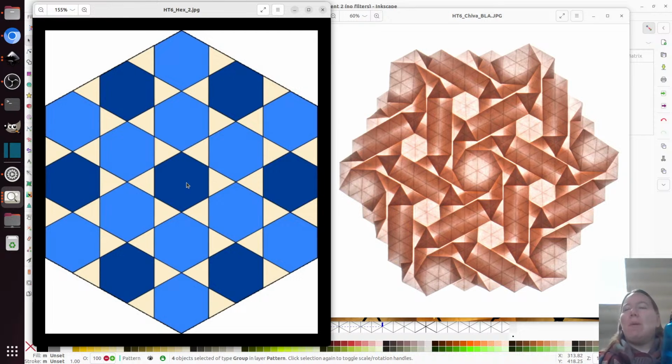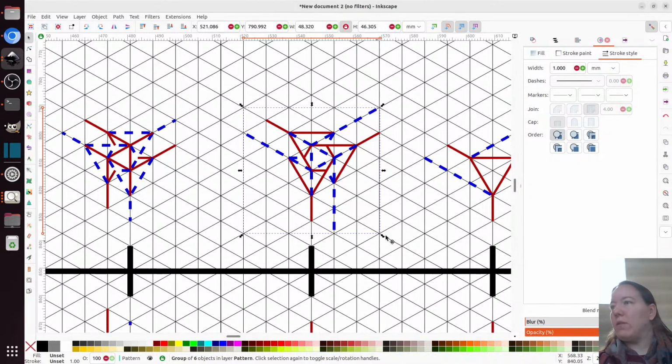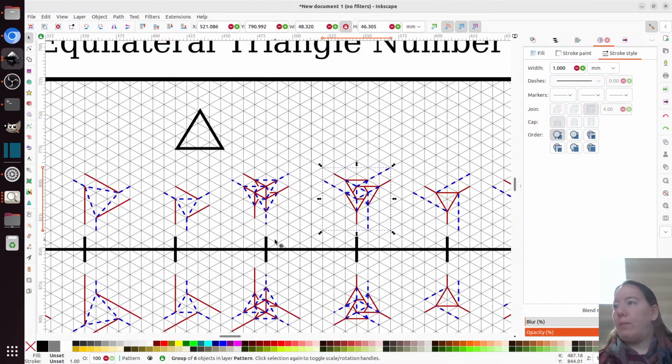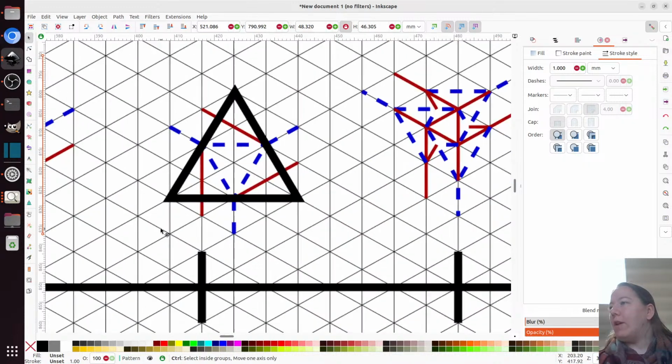So what do I mean by a guarantee that the pattern can fold flat? Well, when you have these twist tiles, like we were looking at with the triangle twists, I'll bring back our triangle here.